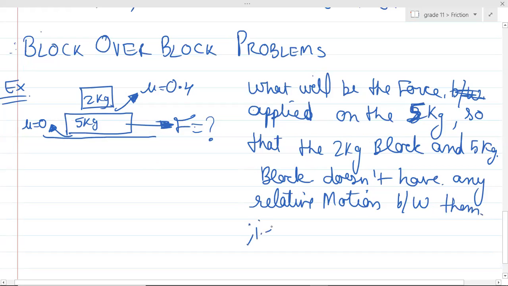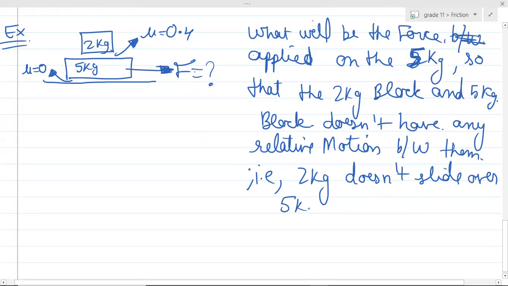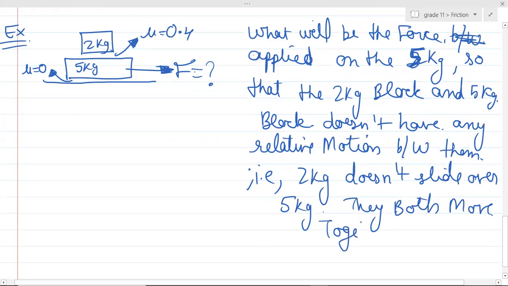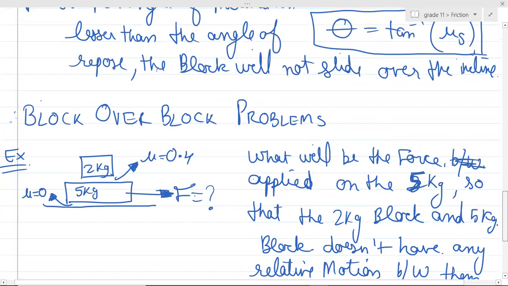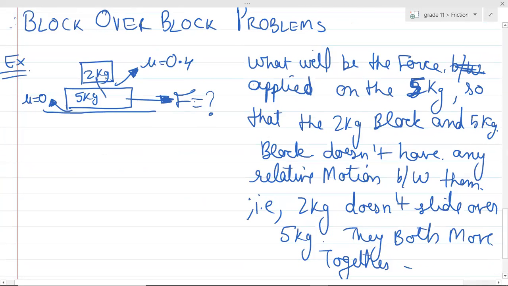That is, the 2 kg doesn't slide over; they both move together. So you need to find out this maximum force F where there is no relative motion between the blocks.